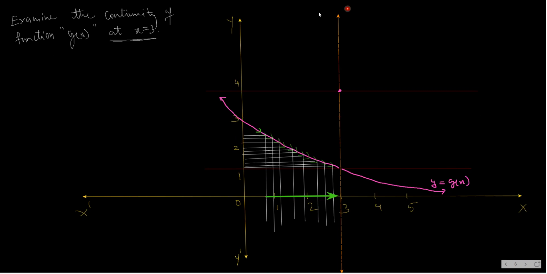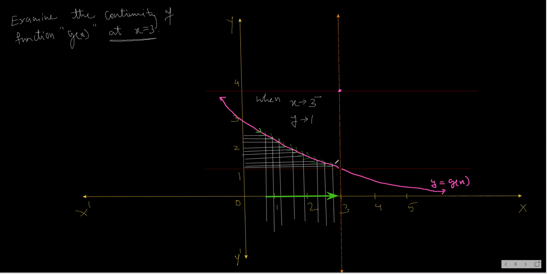So what will I write here? When x tends to 3 from left, y or g of x, whatever you write, y tends to 1. What is y tending to?